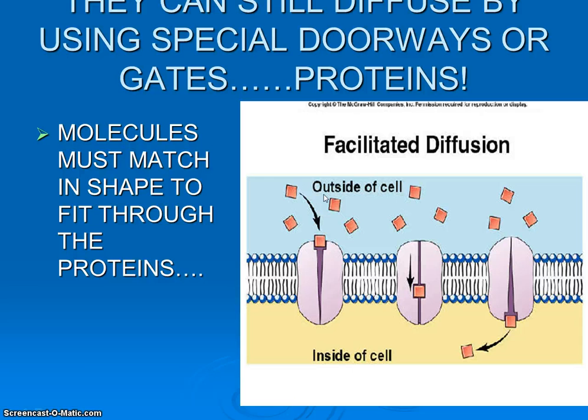Here we can see what is termed facilitated diffusion. Remember, facilitated actually just means helped diffusion. We have these molecules here represented by squares, whatever they may be. They're either too large to diffuse through the membrane, or maybe they carry a charge, whatever the case may be. They can't move across the membrane on their own. However, they have these special proteins embedded in the cell membrane that act. Remember, proteins, just like enzymes, have a very, very specific shape.